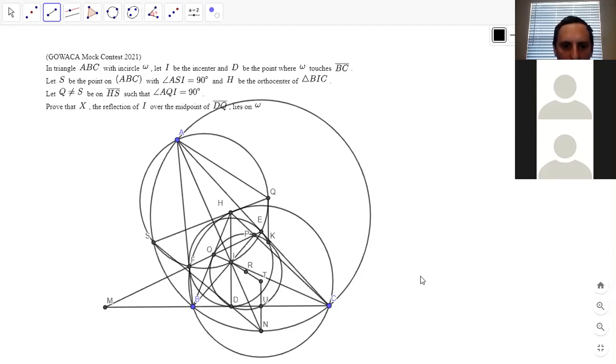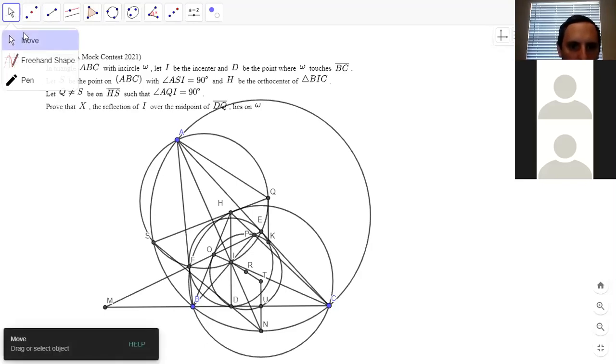Angle HSI. So angle HSI is QSI is QAI. Is HS tangent to that circle? Let's see. I think it might pass.